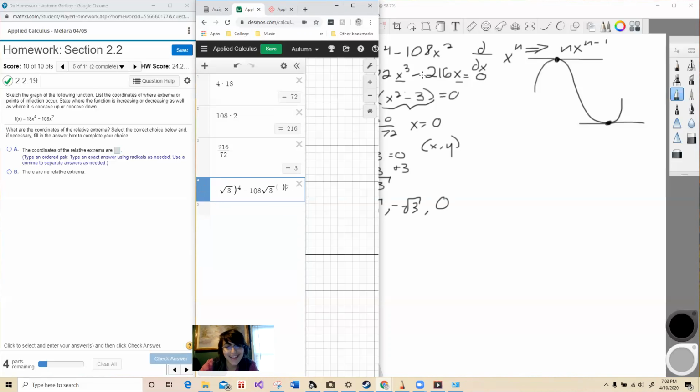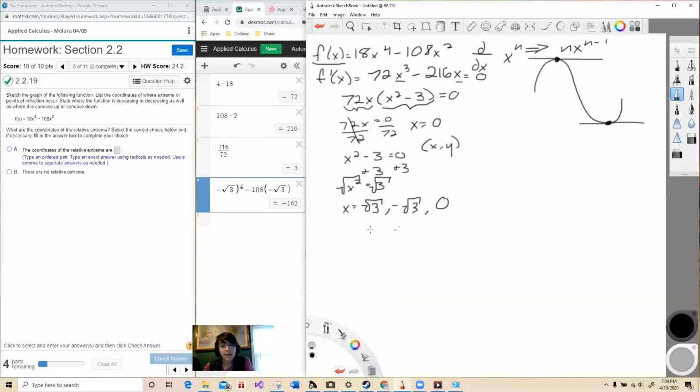Oh, and I actually did plug that in a little wrong, so we want to make sure we have that negative. So this gives us negative 162. And you can find that by hand. Please do. I'm just saving us a little time. And if you are allowed use of a calculator, I say go for it.